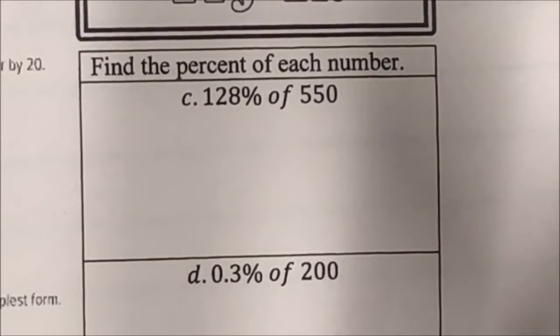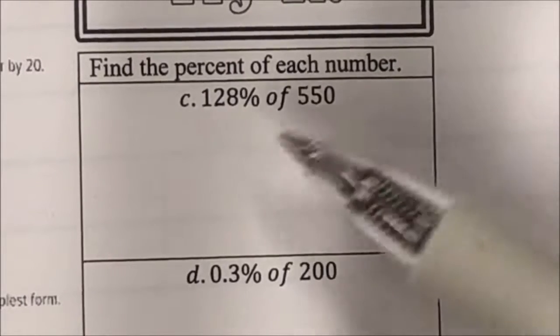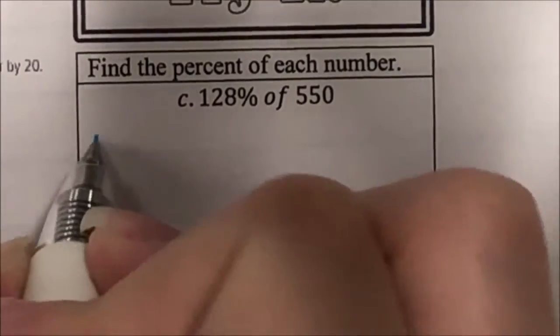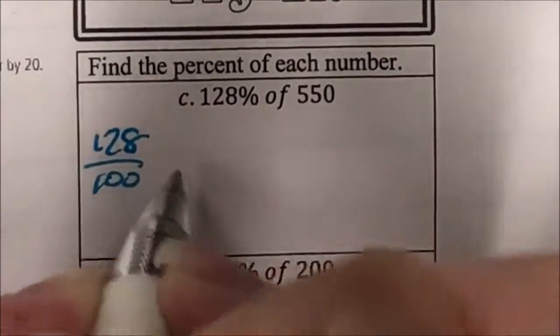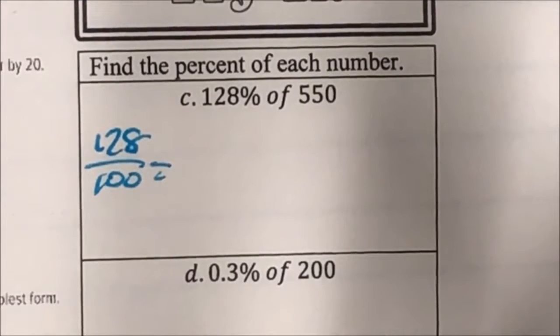Now that you've tried the try-it problems on your own, let's go over the answers together. The first one says C, 128% of 550. I'm going to change 128% to a fraction. So I get 128 over 100. I can simplify by dividing by 2.